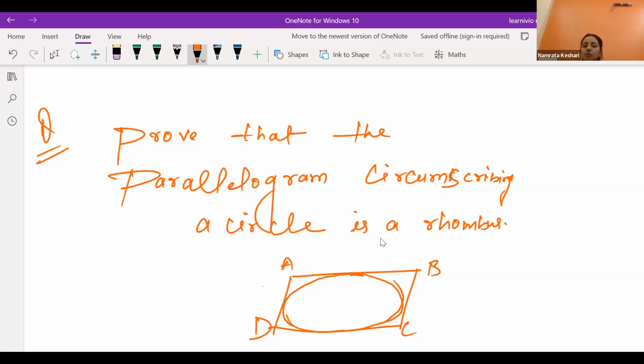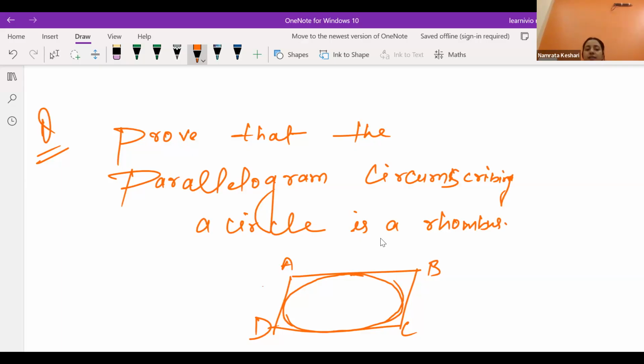Now, how will we prove that this parallelogram ABCD is a rhombus? What is the property of a rhombus? Anyone? All sides are equal, of course. So AB, BC, CD, DA.